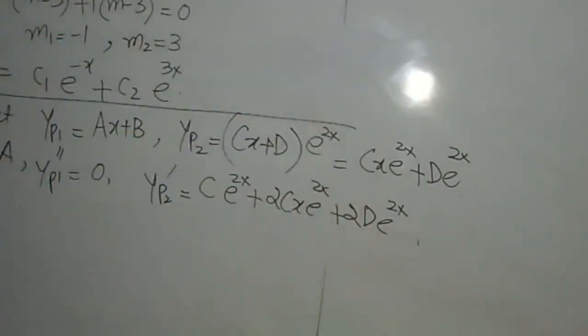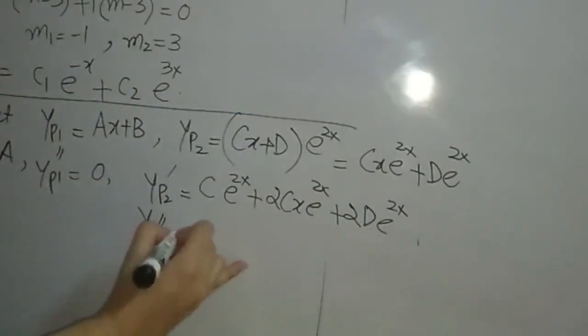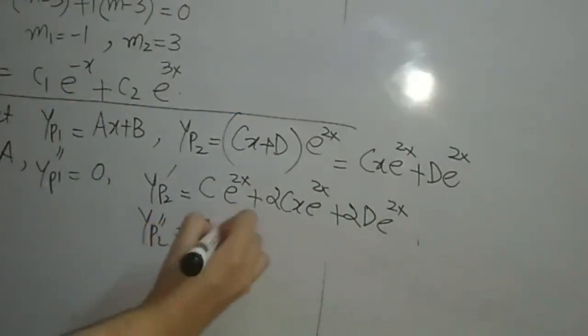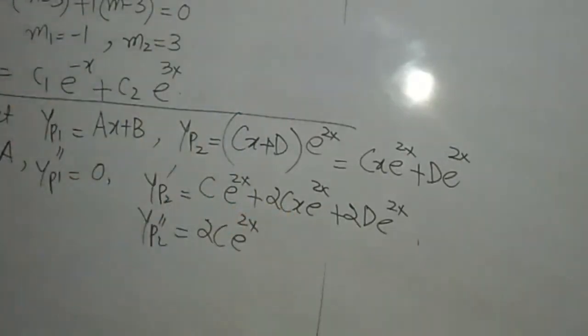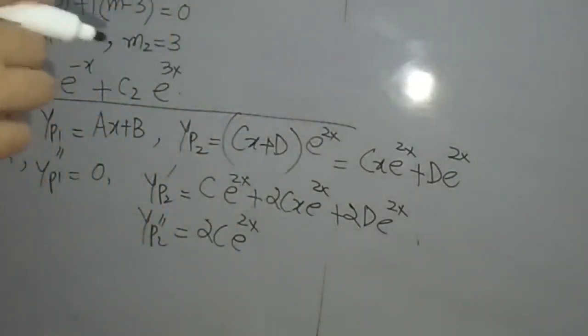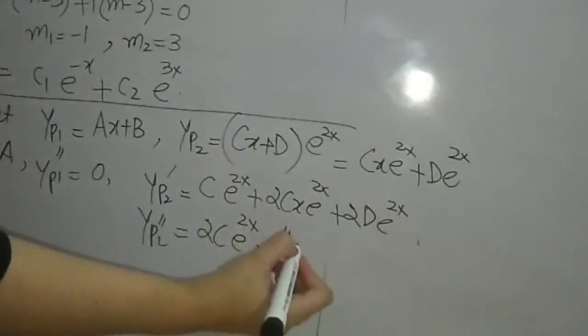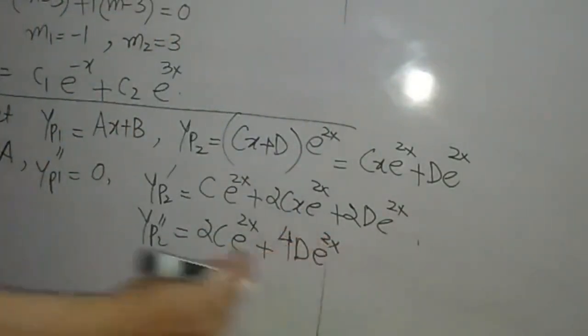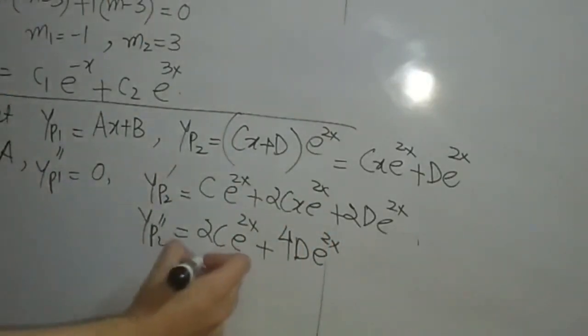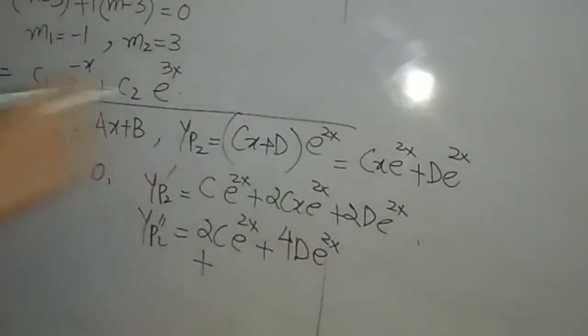And the second derivative is again a product rule. So yp2 dash is 2c e to the power 2x and 2d e to the power 2x plus 2cx e to the power 2x.